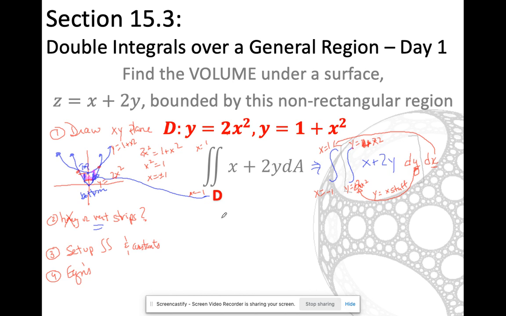So I end up with xy plus y squared over 2, which means that 2 is going to go away. And I'm going to evaluate that at, which means I'm going to replace each one of those y's with x stuff.